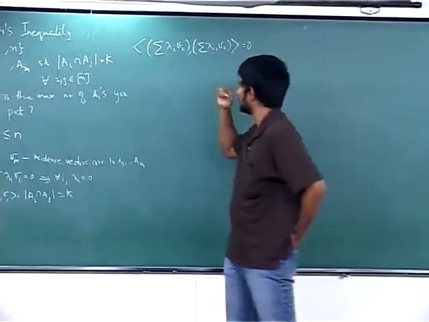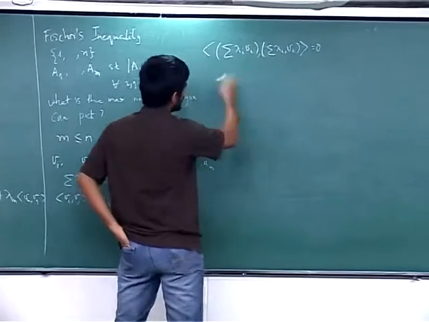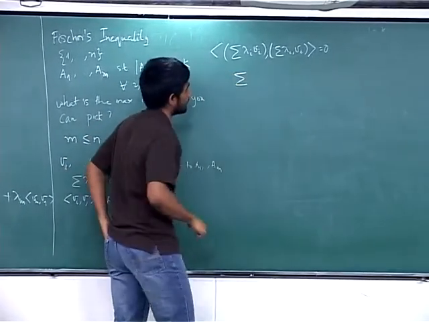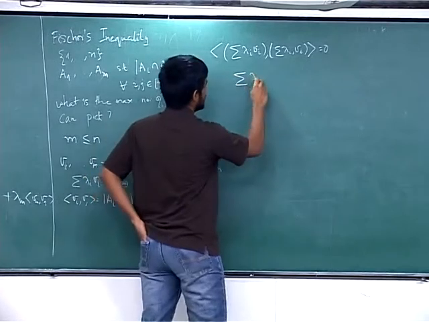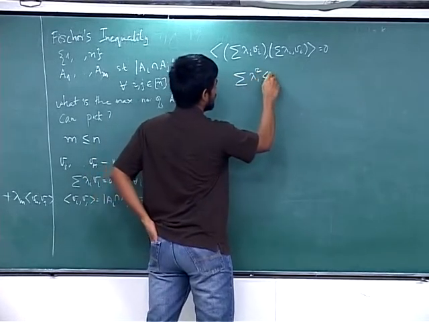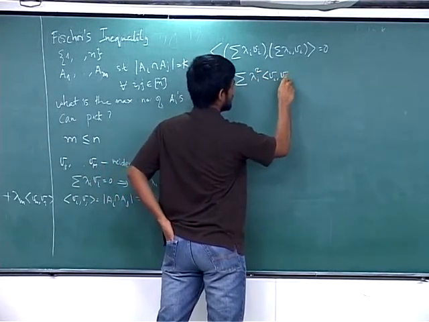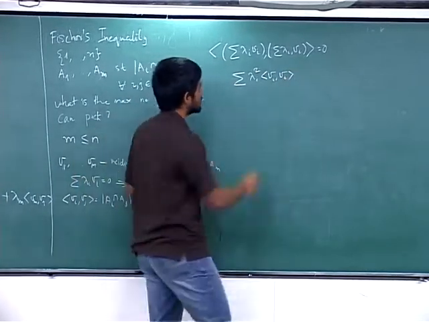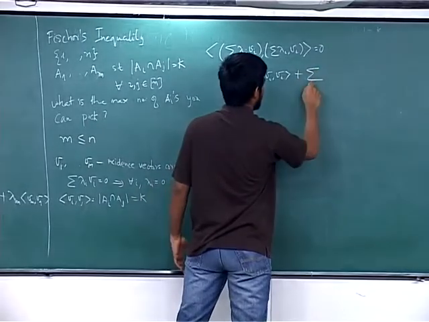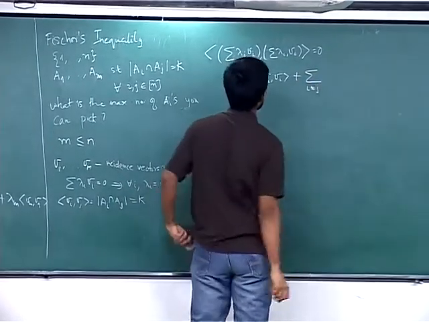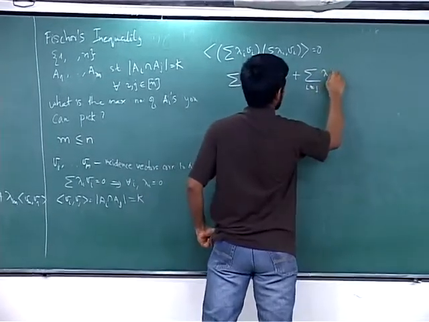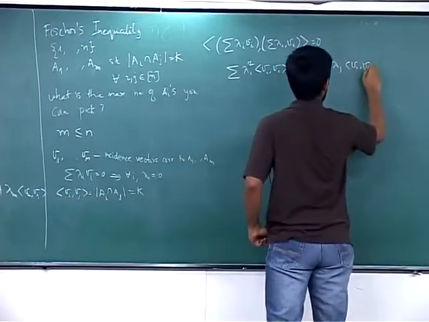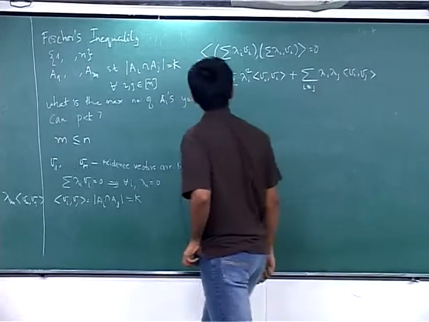Okay. So what is this? Let's just expand this out. So you have these lambda i squared vi·vi coming in for the same indices, and then for all i not equal to j, we have lambda i lambda j vi·vj, right?